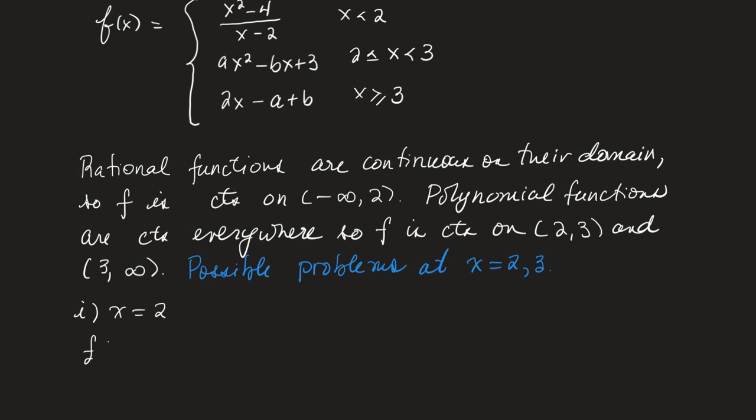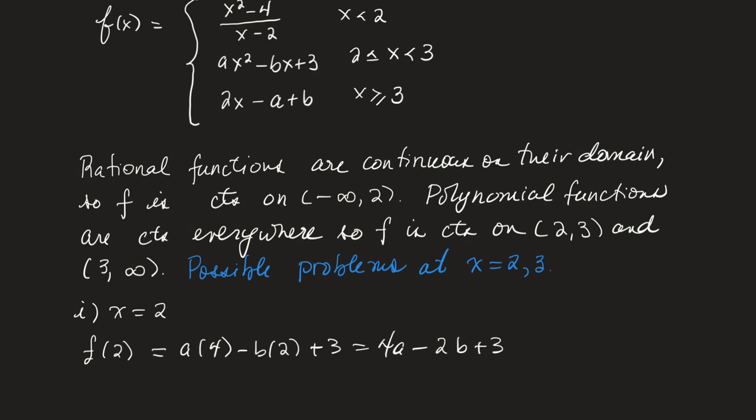F of 2 is equal to, for that I'm going to use this part of the function, a times 4 minus b times 2 plus 3, which is 4a minus 2b plus 3.